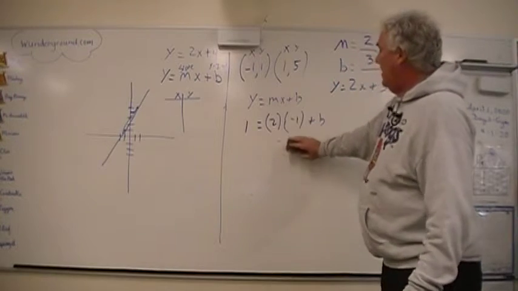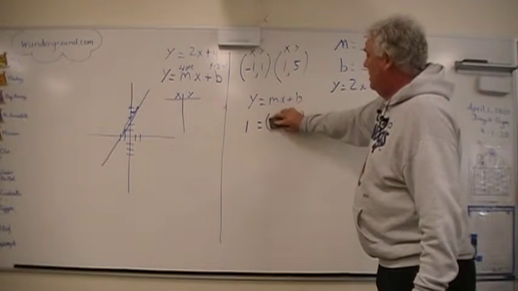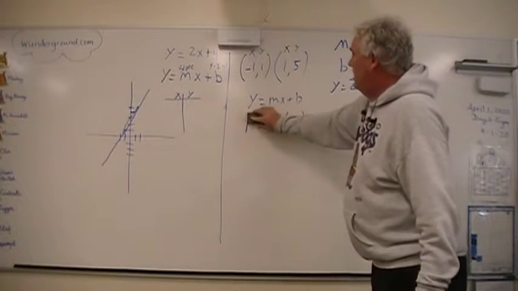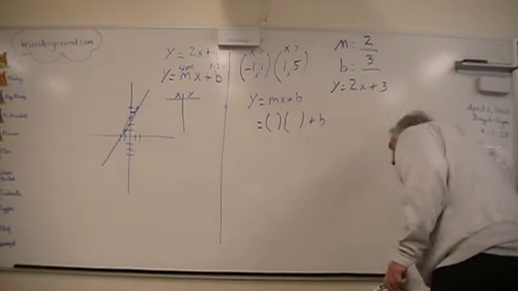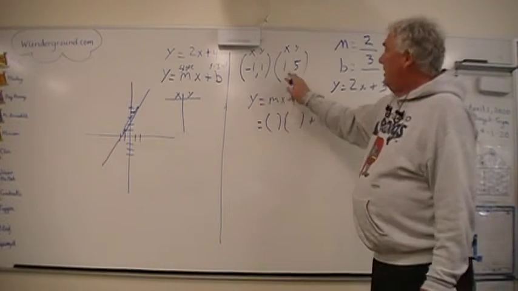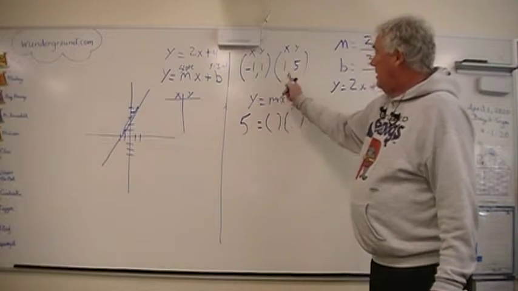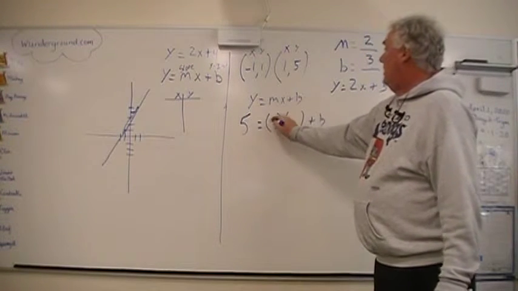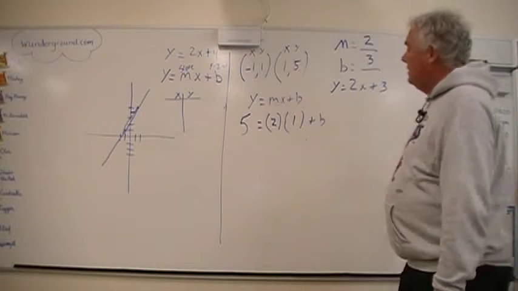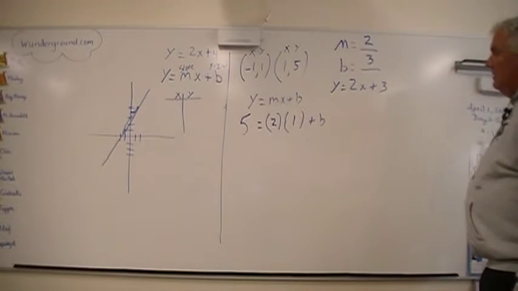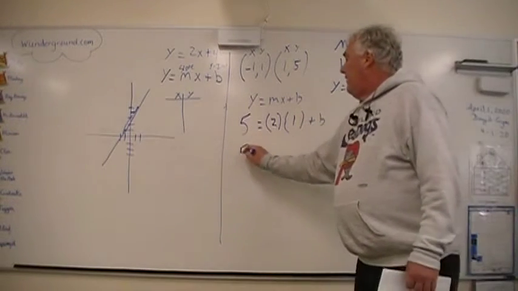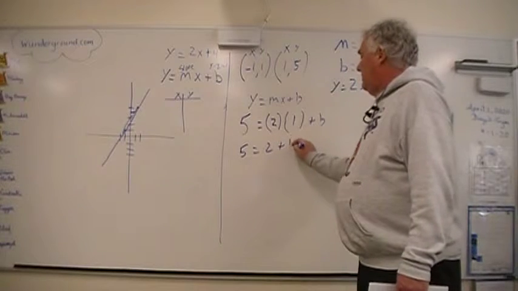If you had chosen to use this point, 5, y is equal to m times x plus b. 5 equals 2 plus b.